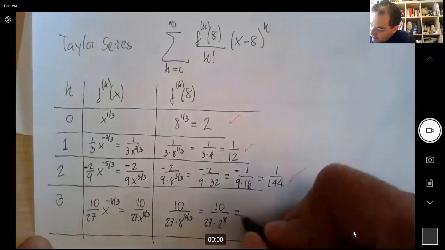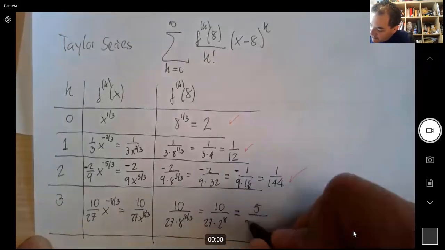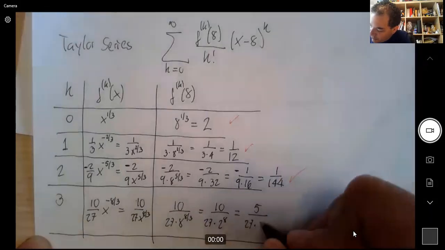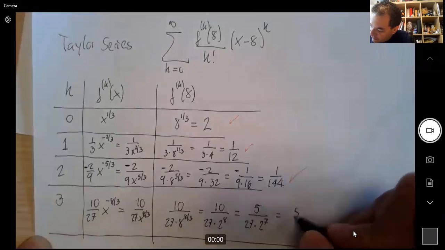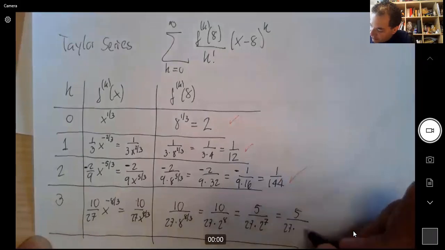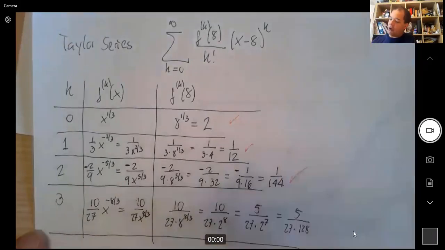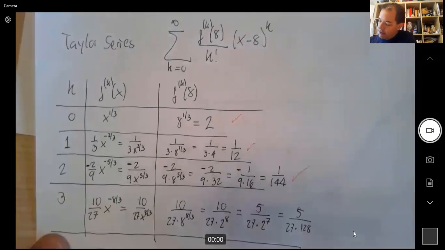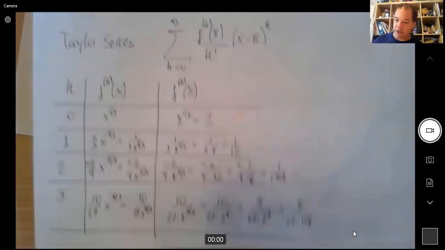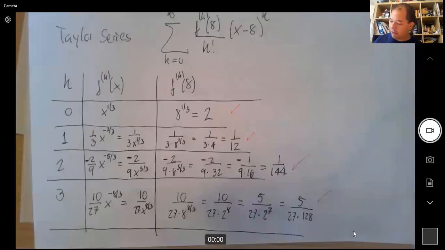So this is 5 over 27 times 2 to the 7, or 5 over 27 times 128. Right? You know, you can leave it indicated. You don't need to do the arithmetic operations. It's perfectly fine to leave it like this, right? As long as it is a number, right?